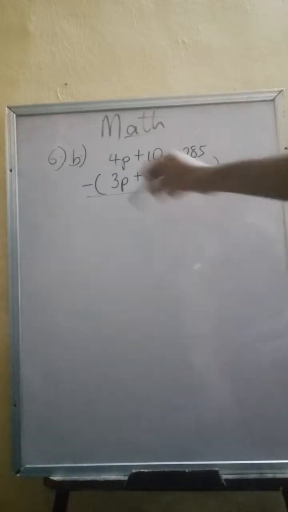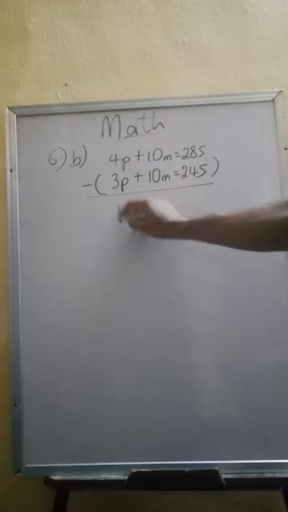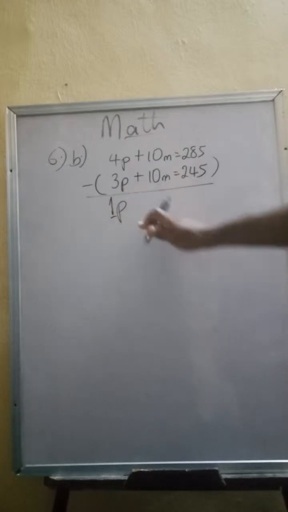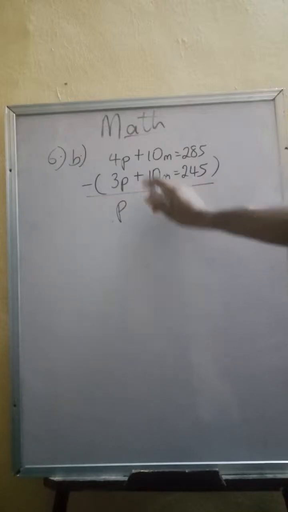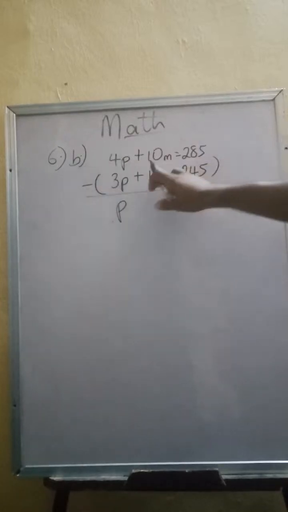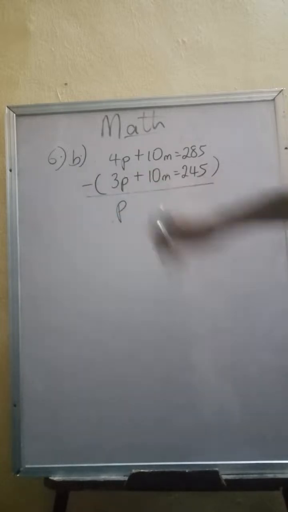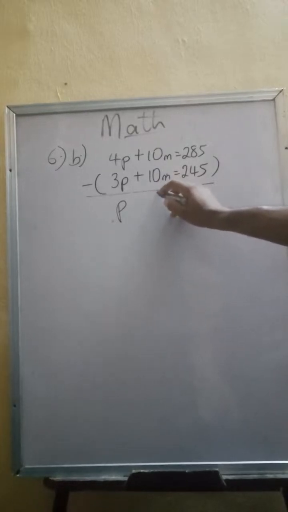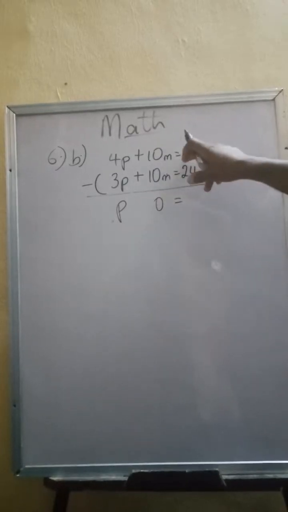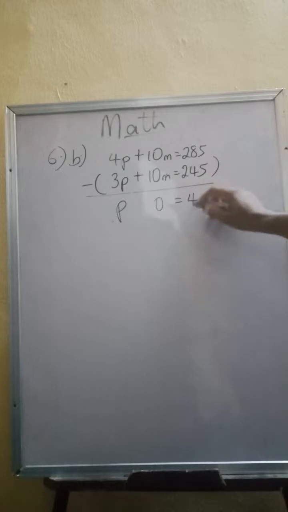eliminating them. And so 4p minus 3p gives you 1p. But in algebra, if it's 1p, you don't need to write a 1. And so 10m minus 10m, and it affects the plus anyway. Minus times plus is minus. And so that gives you 0 in this case. And 285 minus 245 is 40.